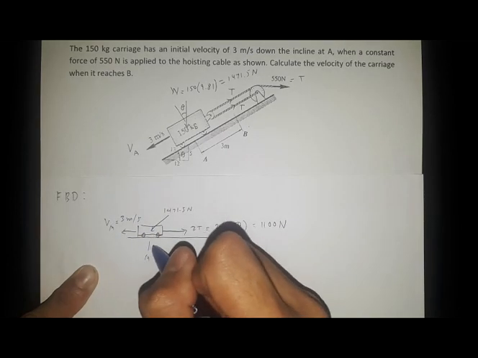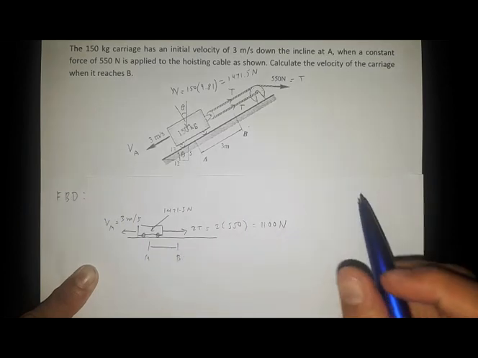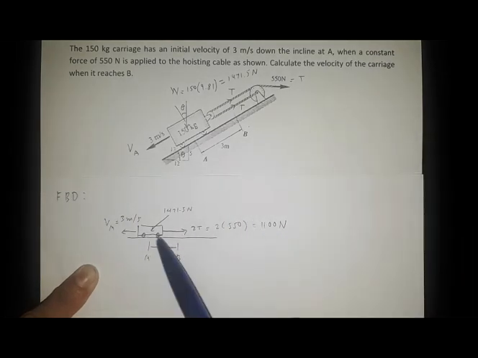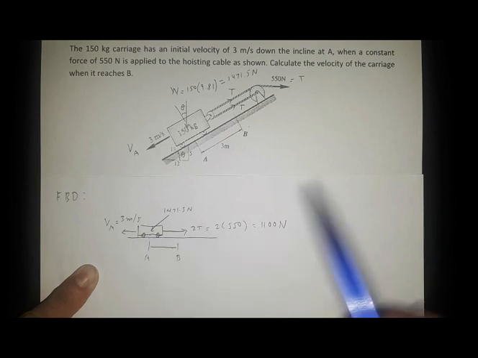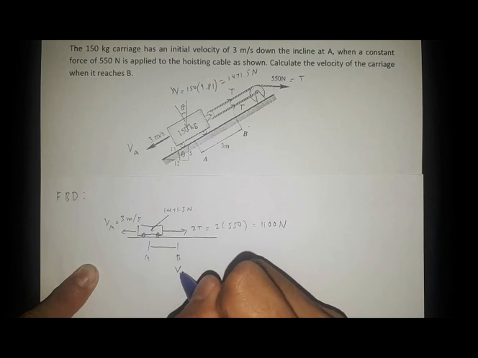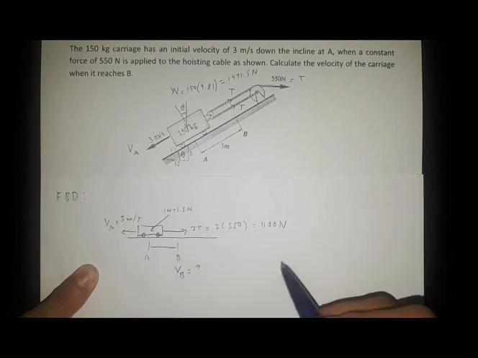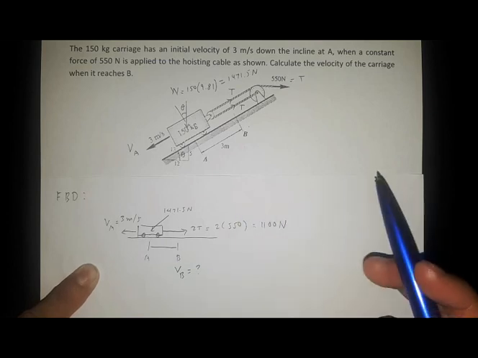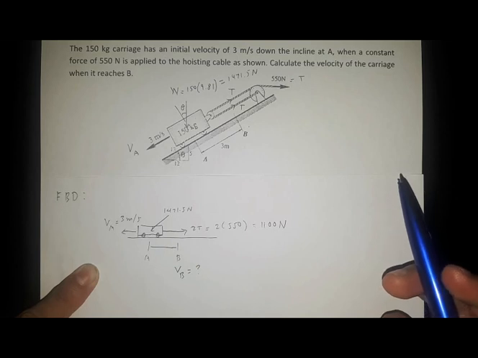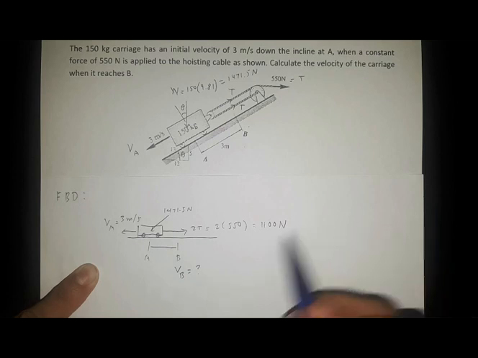So this is A, this is B. So what will be the velocity of this carriage when it reaches B? So your VB is unknown, and that is the required. So let us identify the other forces.